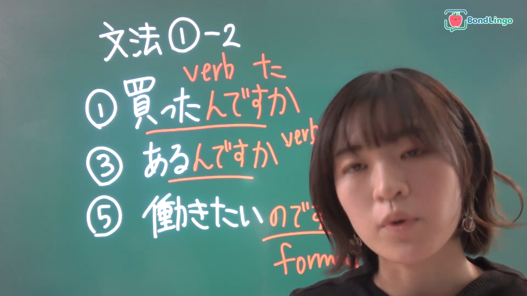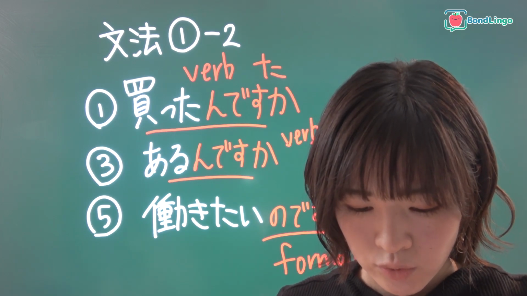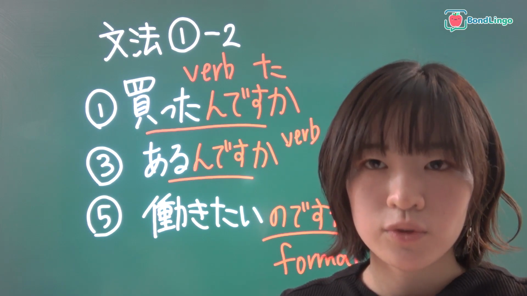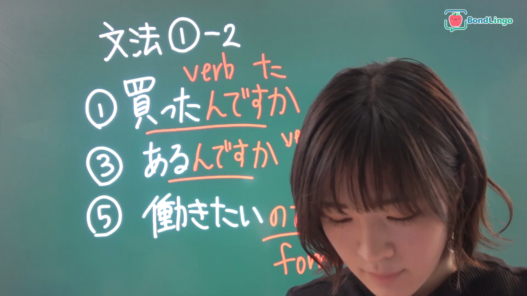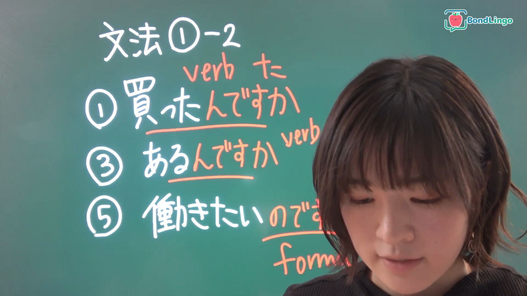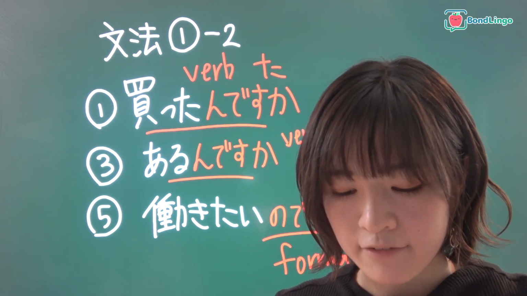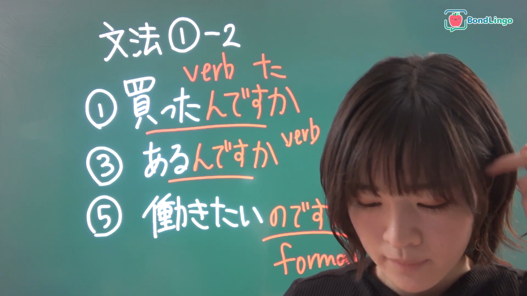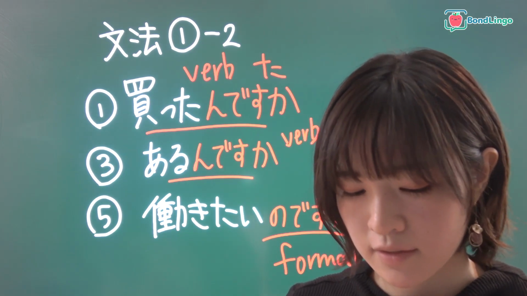This means lunch break. Next one, 有給 or 有給休暇. This means a paid absence. Next one, 半日休暇 and 半休 means a half day off. Okay, 半休 is a shorter way to say it.